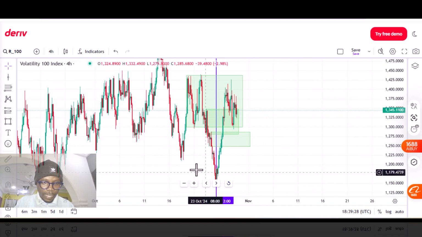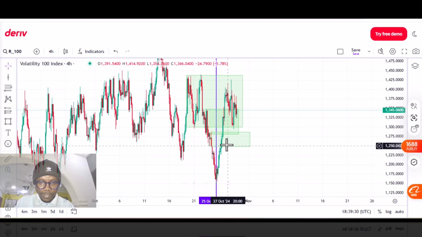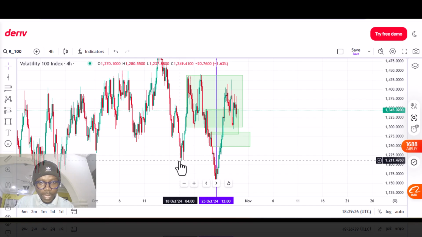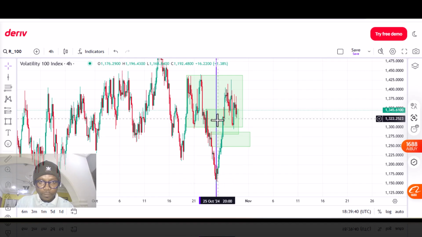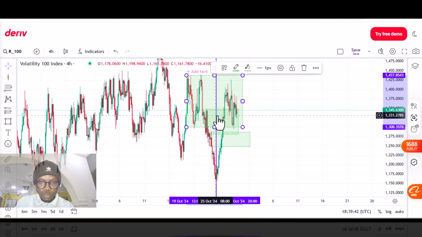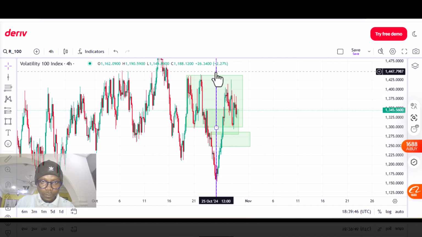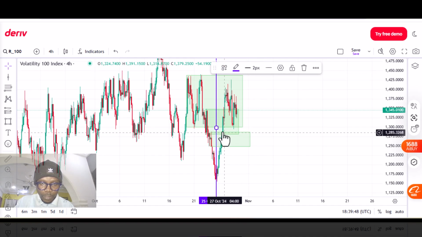So now when price traded below this after the second accumulation, it traded into this area where it swept the low, the sell side liquidity resting below these lows. Okay, now let me log this. Now watch this.